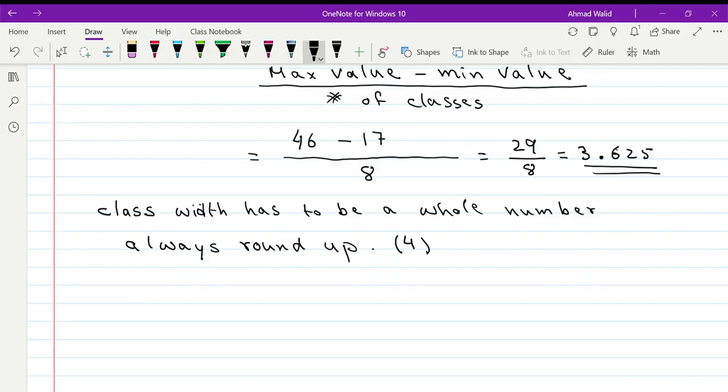This is the important part. You end up with decimal number, whatever the decimal number is, take the next whole number, round it up. If it's 2.6, round it up to 3. If it's 3 point something, round it up to 4. It's 7 point something, round it up to 8. Correct? That's your step 2. Step 3.